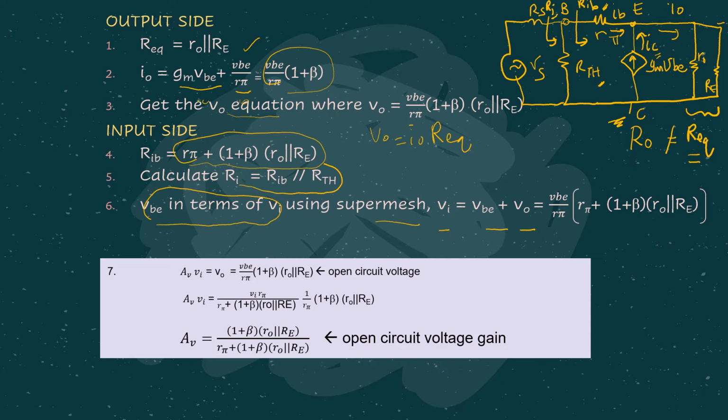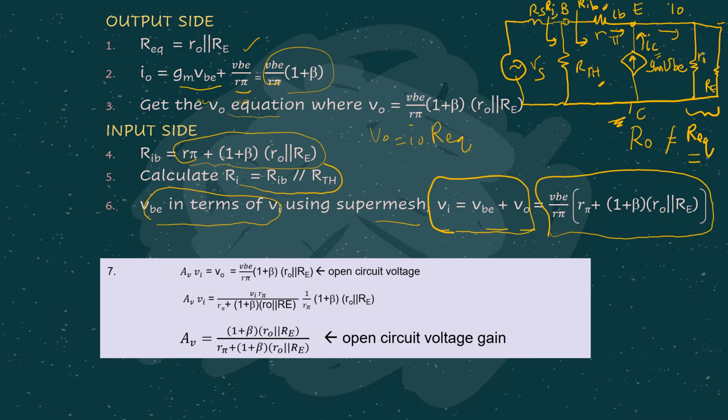But at the moment, VI is given by VBE plus V0, and V0 we have in terms of VBE from step number 3. So from there you can sum it up together, leaving your VI in terms of VBE.